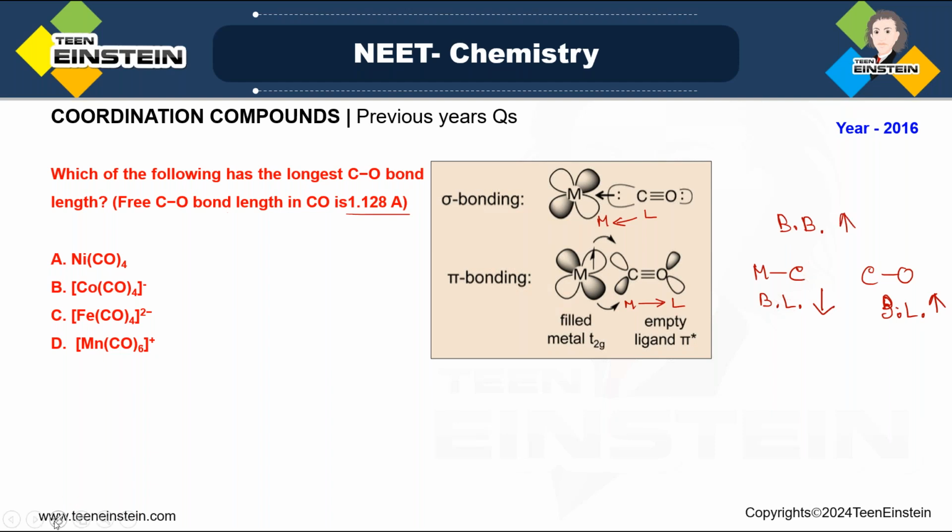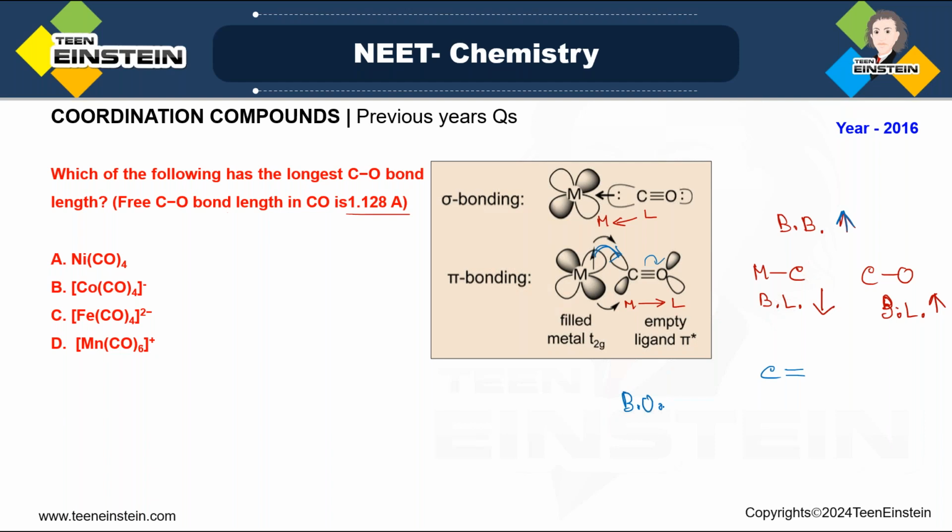So what I'm trying to say, suppose in one metal complex back bonding is not so high, another metal complex back bonding is high. So when back bonding is increasing, metal carbon bond length will decrease and carbon oxygen bond length will increase. Why? Because when this is happening intensely, this triple bond nature between carbon oxygen will be removed. Now there will be some double bond character, so bond order is decreasing for CO bond.